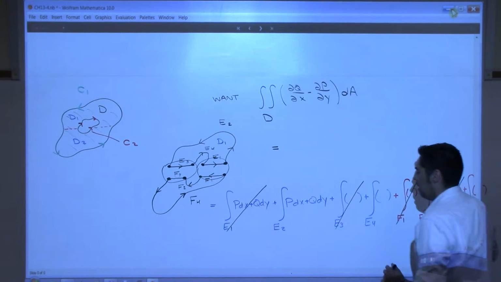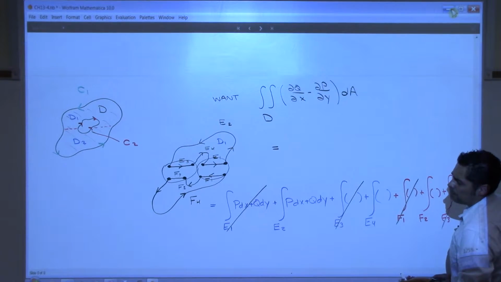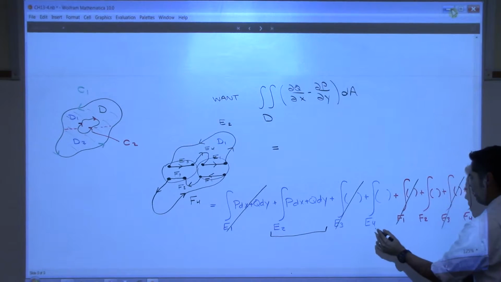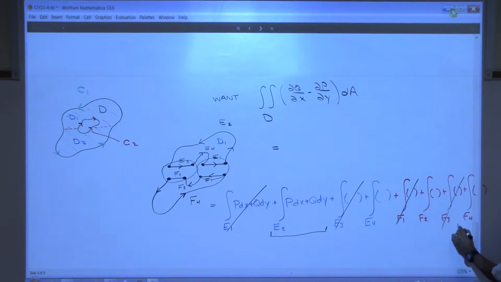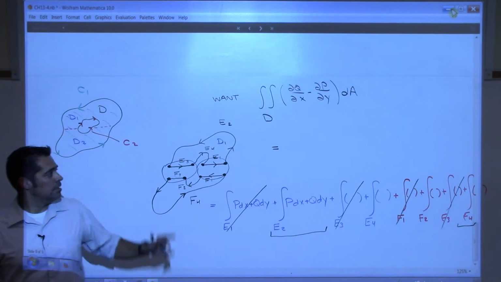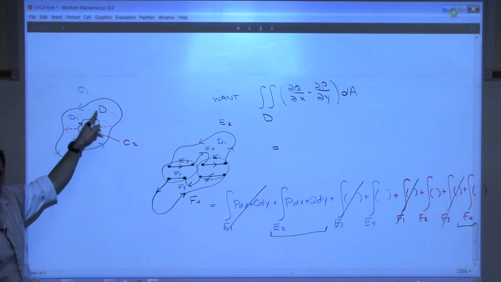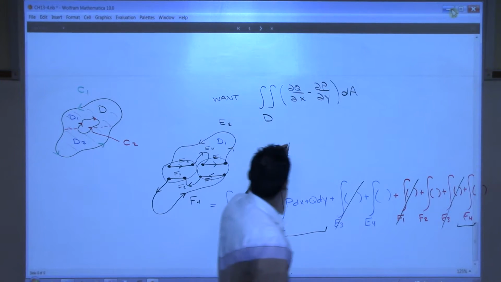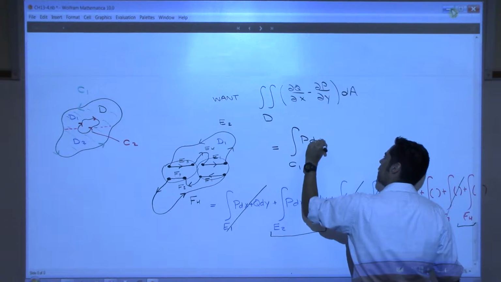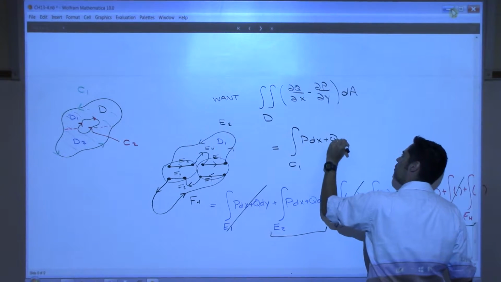I want you to look at E2 and F4. What's E2 and F4, those two paths put together? Which is C1. That's the outer one, right? That's C1. So this is just the line integral over C1 of P dx plus Q dy, right?